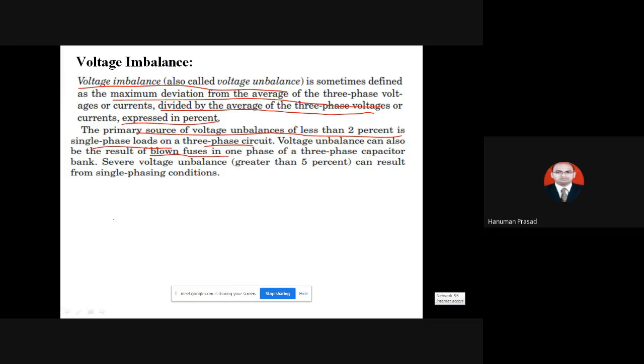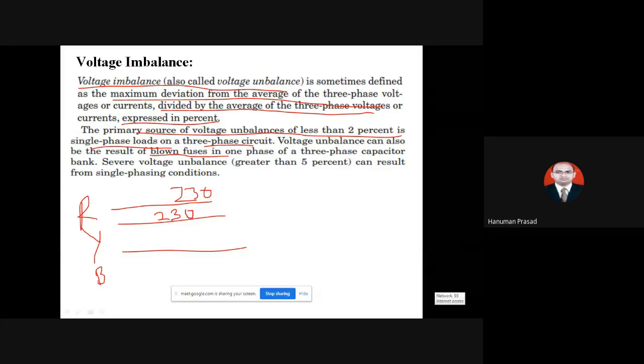तो unbalanced voltage का मतलब, for example, this is a three-phase supply: phase R, phase Y, phase B. We desire 230 volt for phase R, phase Y, and this is also 230 volt.